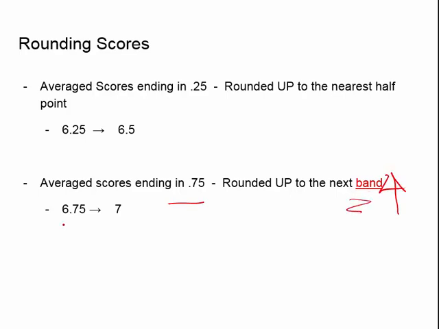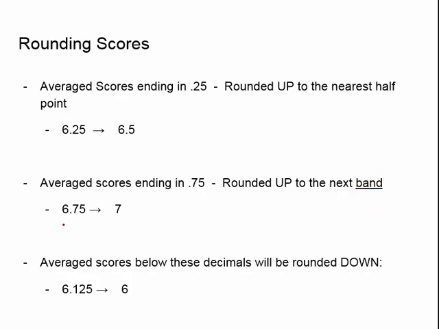A person who gets 6.75 will have their score rounded up to 7. Unfortunately, if your score, after it's been averaged, ends in a 0.125 or lower than 0.25, then it's going to round down to the band score. So 6.125 average of all 4 sections would end up being an overall band score of 6.